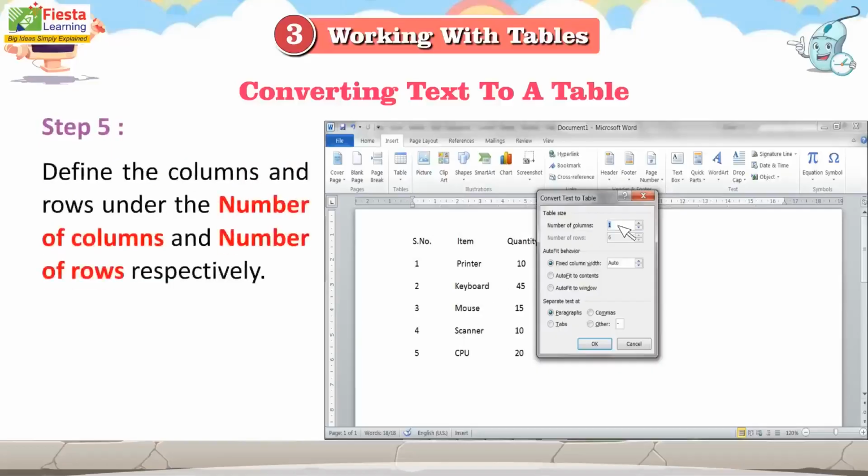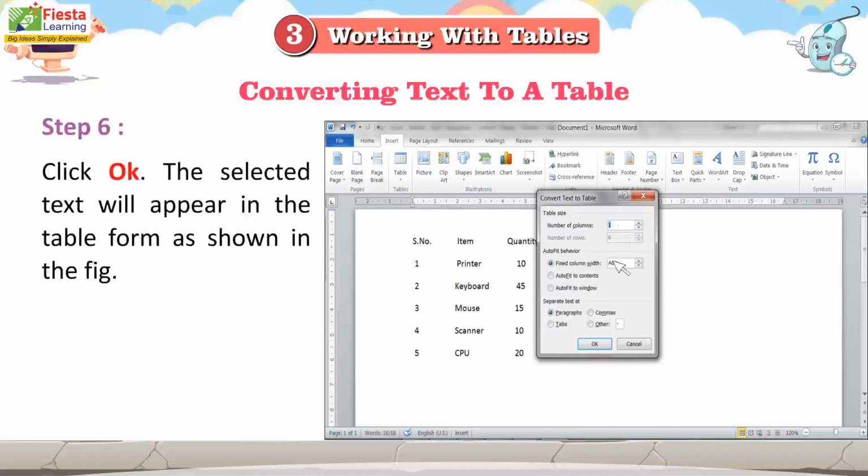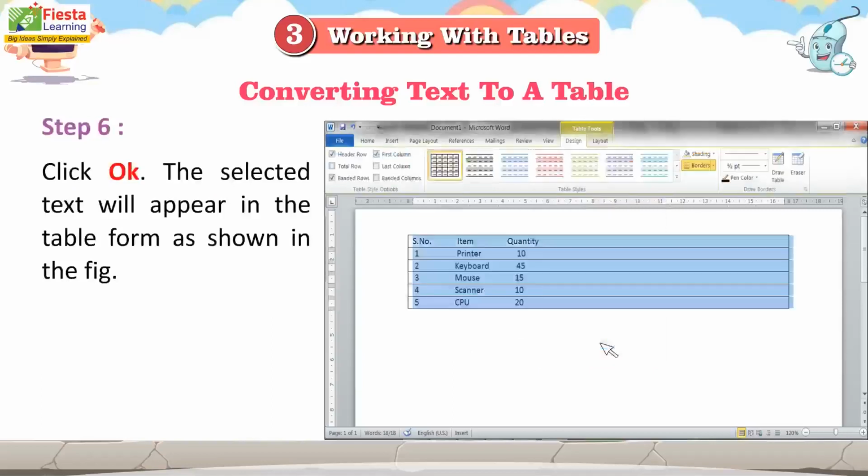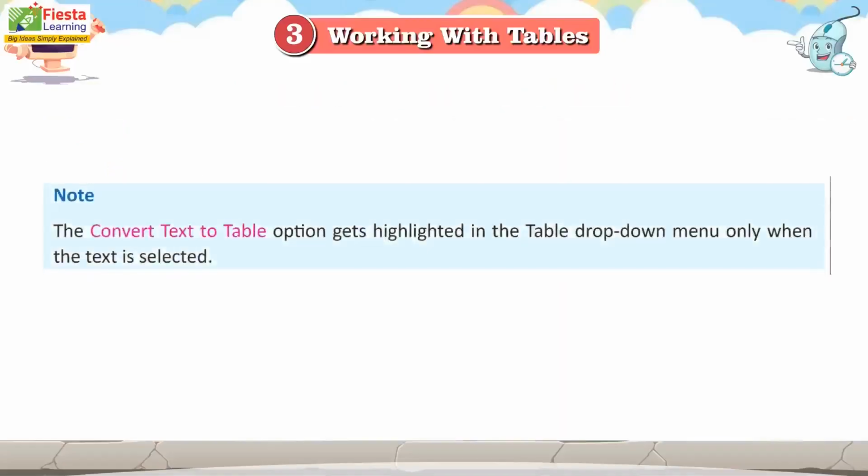Define the columns and rows under the number of columns and number of rows respectively. Click OK. The selected text will appear in the table form as shown in the figure. Note: the Convert Text to Table option gets highlighted in the Table drop-down menu only when the text is selected.